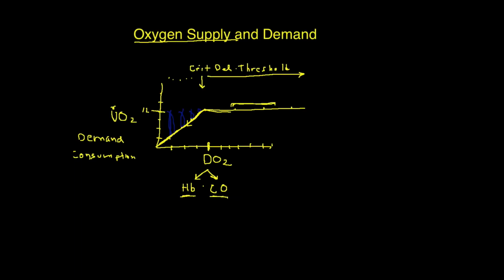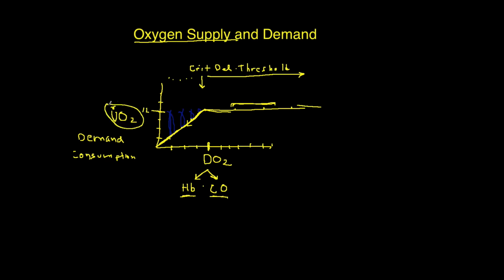So how does mixed venous O2 saturation fall into this scheme? Can it tell us something about supply-demand relationships in the body? As you recall from the prior lesson, we asked the question, what does it mean when mixed venous O2 saturation changes? And the answer is that it could be explained by any change in any of the components in the supply-demand relationship.